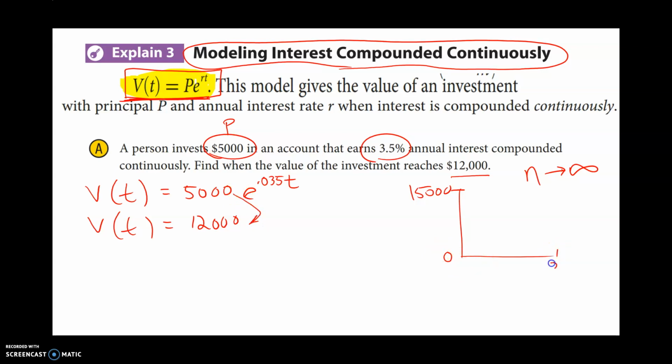So let's give it 20 years maybe on our x. So x min will be 0. X max will start with 20 years. Y min will be 0. Y max will be $15,000. I want to update my window. I'll do the 20, I'll have to put 15,000. Let's graph it.